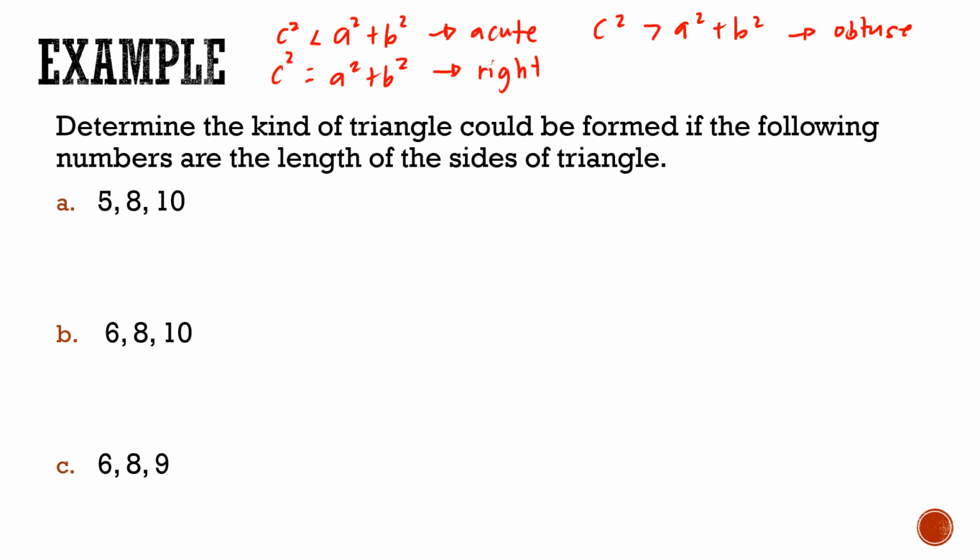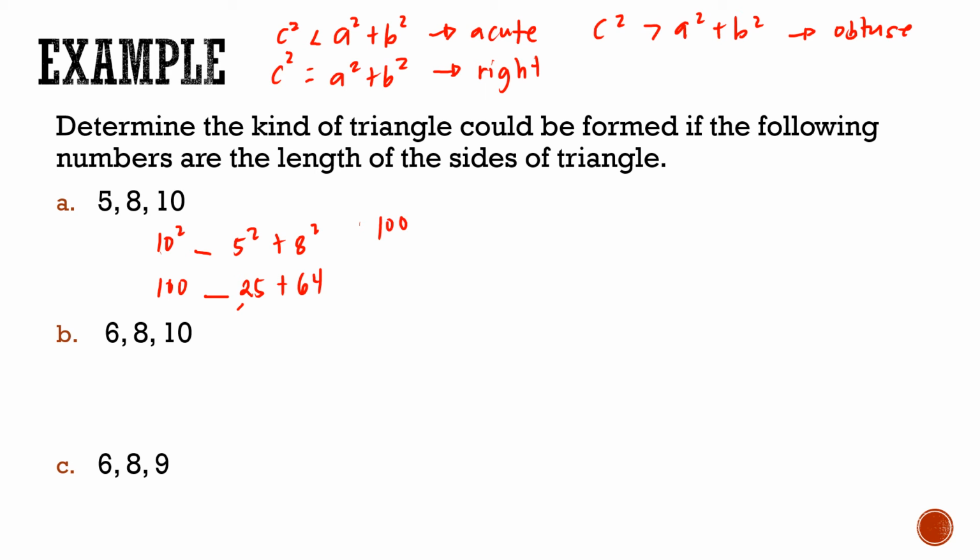So let's have this one. The largest number will be 10. So that is 10 squared blank 5 squared plus 8 squared. 10 squared is 100. 5 squared is 25 plus 64.